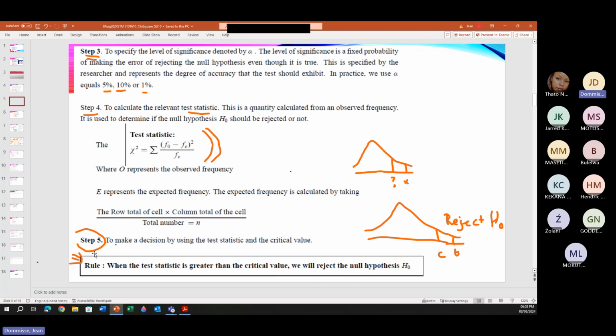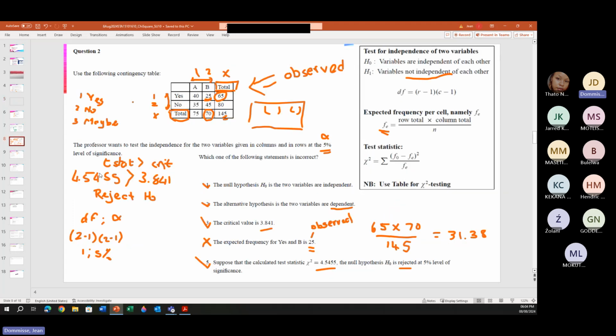That is the rule with chi-square that we must remember. So when you look at this, we could have worked out the t-stat, but they gave it to us. That t-stat was 4.5455, and that is bigger than the critical value of 3.841. So by that definition, we can reject the null hypothesis. Does that make a bit more sense? Okay, it does.